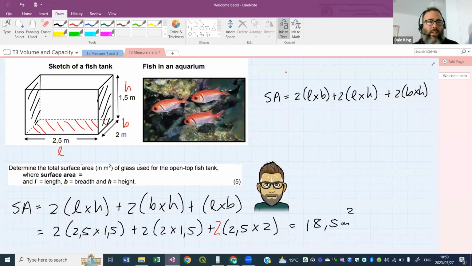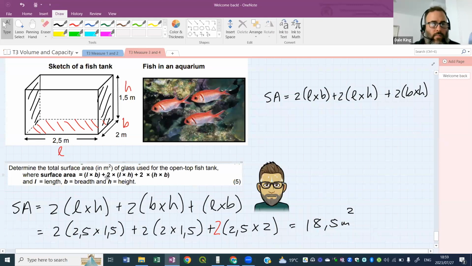Okay. Now, check out this formula. Look at this formula. What's wrong with it? Can you see the error in that formula on the screen?